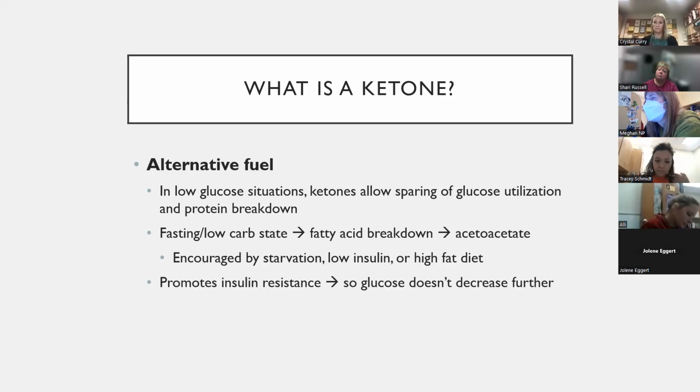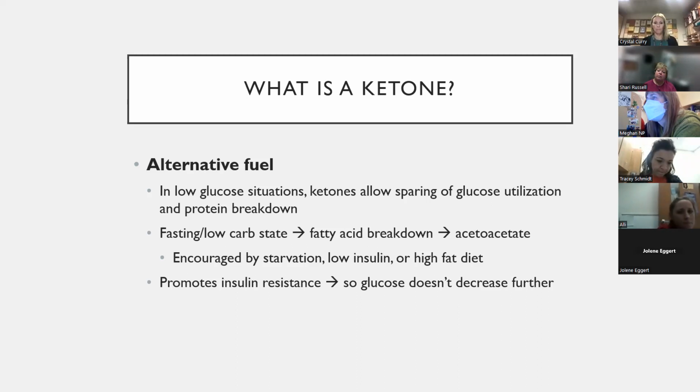So when you have low glucose situations, when you haven't been eating in a while, it is a necessary normal process to create ketones that allows your body to use glucose sparingly and only provide it where it's most needed. And it also allows you to minimize how much muscle you break down. So in normal situations, the ability to make ketones is a good thing.